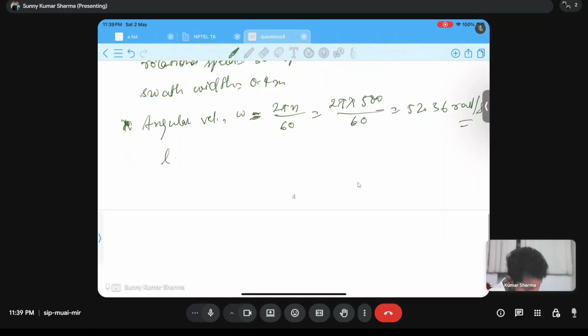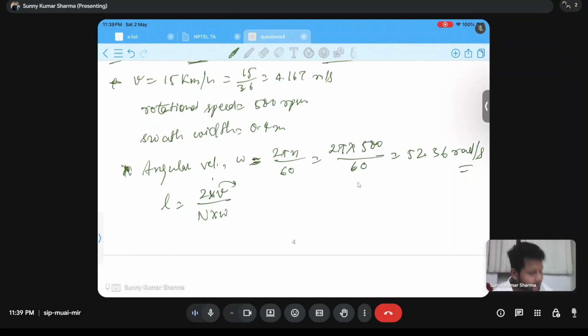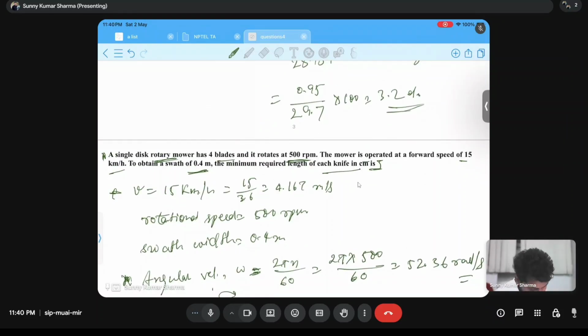and we need to calculate the minimum knife length, that is L. The minimum length required to ensure no uncut strips remain between blade impact. See, it is given by the ratio of forward velocity to the product of number of blades and angular velocity. That is L is equal to 2 into V divided by N into omega. And forward velocity is 4.167 meter per second. N is number of blades, that is 4 blades.